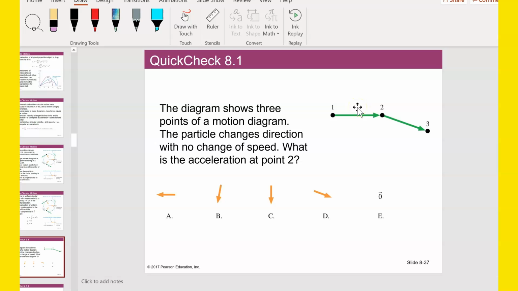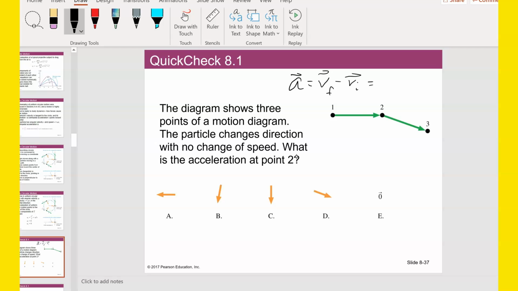Acceleration is always equal to Vf minus Vi, the change in velocity, over the change in time. We have no change in time, but we don't really need it to at least get the direction of acceleration. We would maybe not know the size of it, but we would at least know the direction of it by doing that.